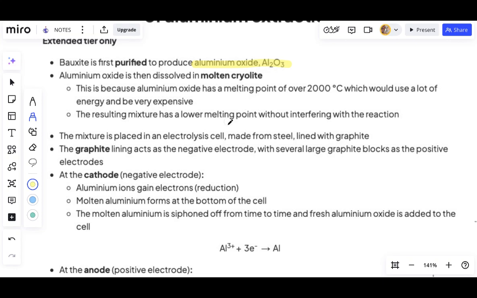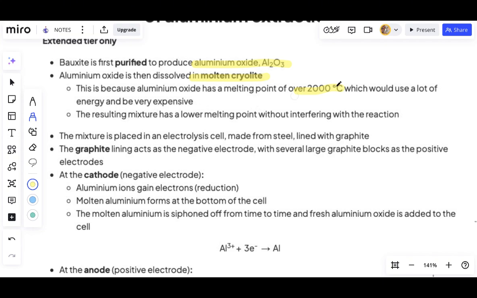The aluminum oxide is dissolved in molten cryolite. We already gave the reason: aluminum oxide is an ionic compound. It has a very high melting point, over 2000 degrees Celsius. This will be too expensive and a lot of waste of energy.